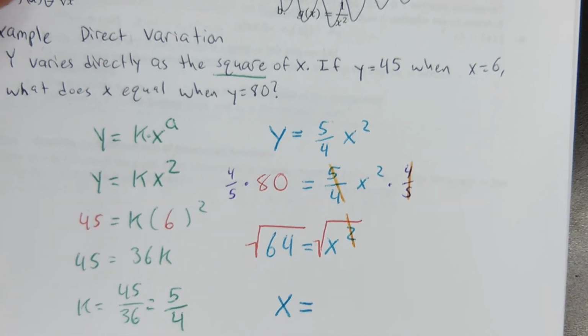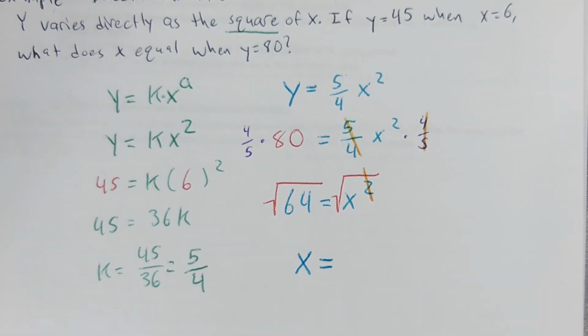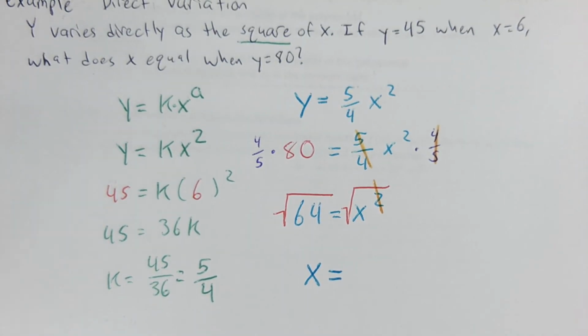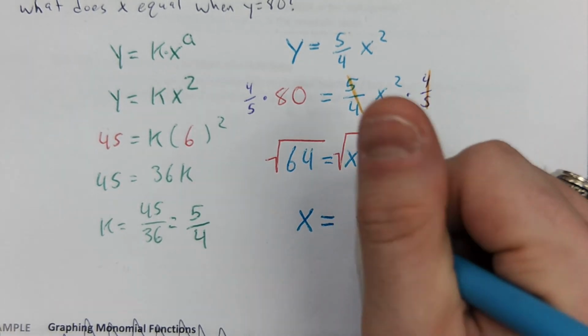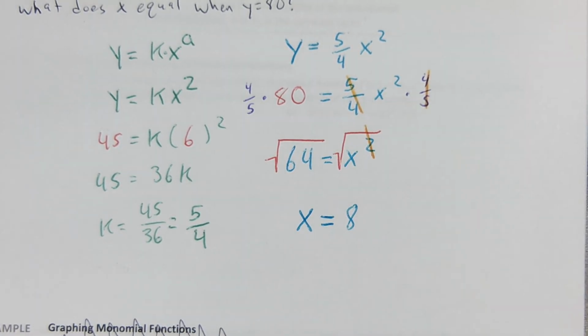Because it's talking about variation, this is a power function. We cannot use negative x's. Therefore, x will only be positive 8. Normally there would have been a plus or minus there. Yes, I agree. But because we're talking about a type of variation, we know we're working with a power function, which means we have restricted our domain to 0 and bigger.